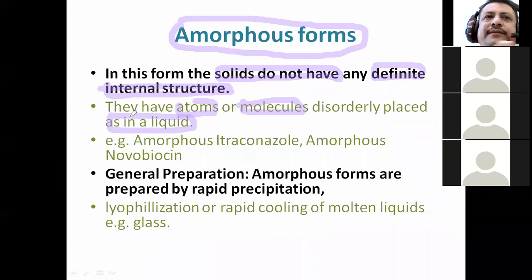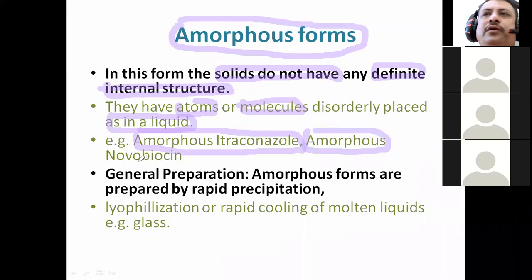Some examples of the amorphous form include amorphous itraconazole, then amorphous novobiocin. So these are some examples of the amorphous form.